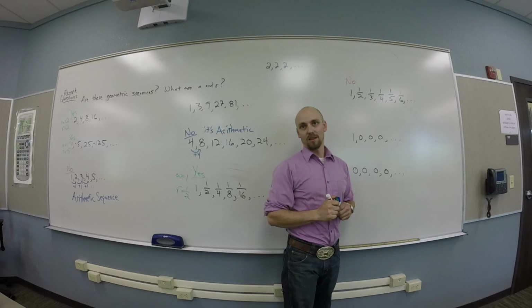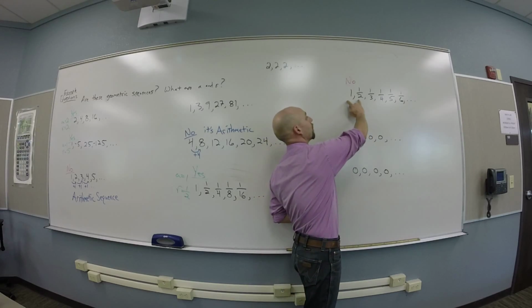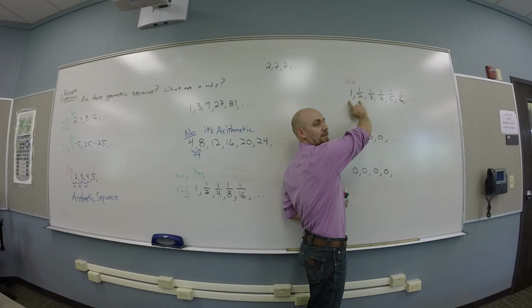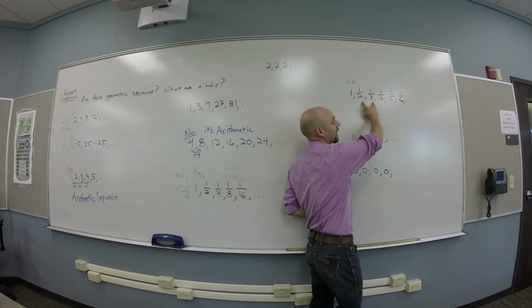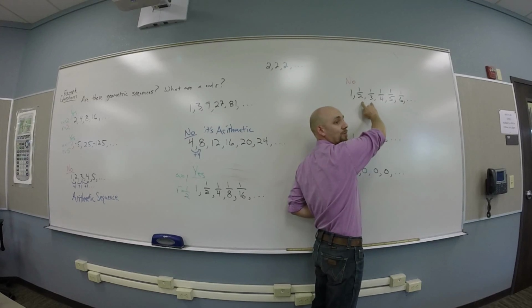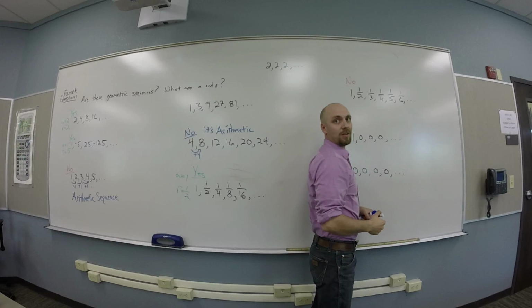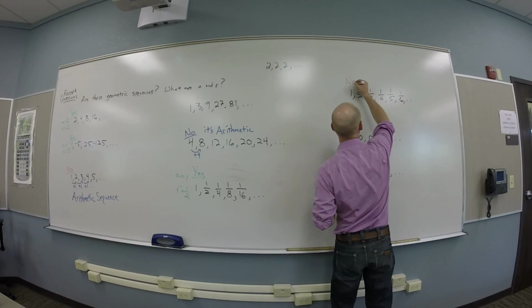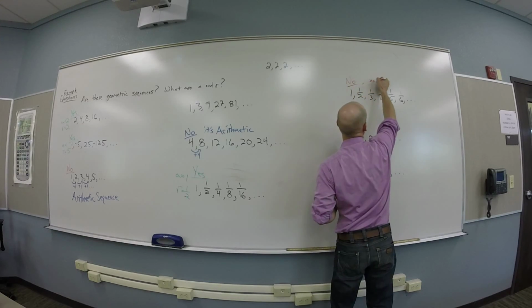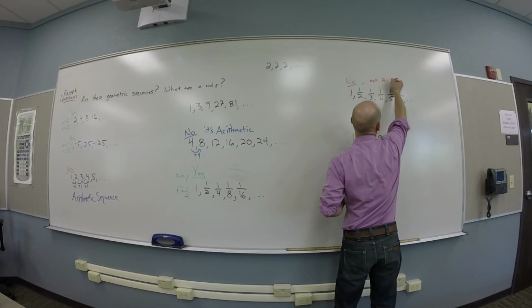Is it arithmetic? To be arithmetic, from here to here I'd take away a half, which would get me to 0, not a third. So it's neither. It's not geometric, and it's also not arithmetic.